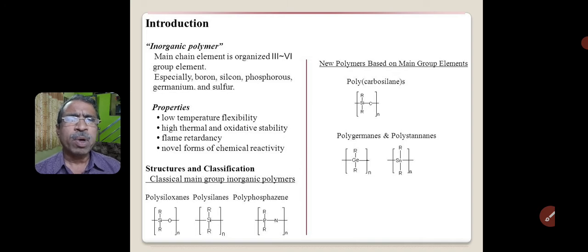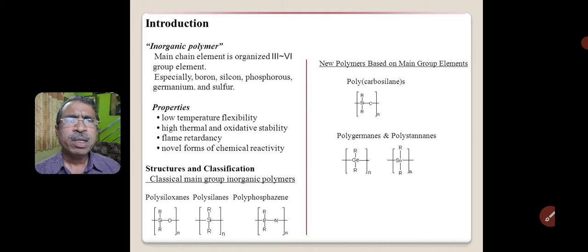The inorganic polymers have their main chain elements organized basically from the third to sixth group elements, especially boron, silicon, phosphorus, germanium and sulfur. These inorganic polymers have low temperature flexibility, high thermal and oxidative stability, flame retardancy, and novel forms of chemical reactivity.